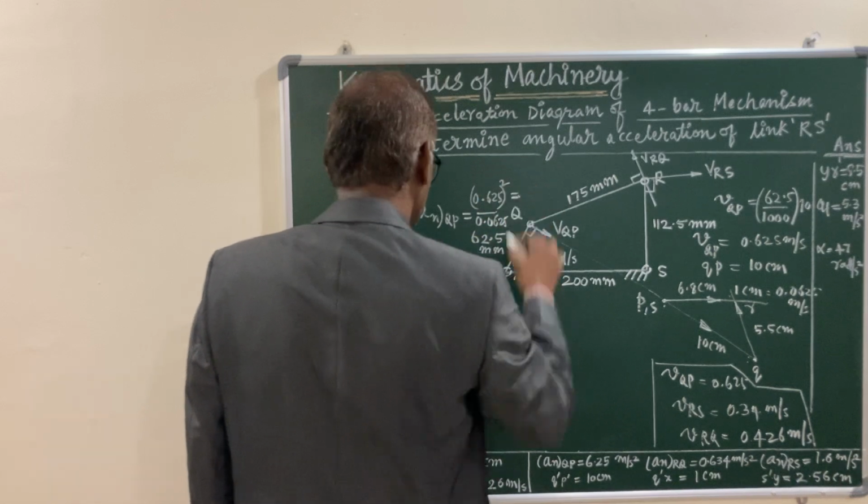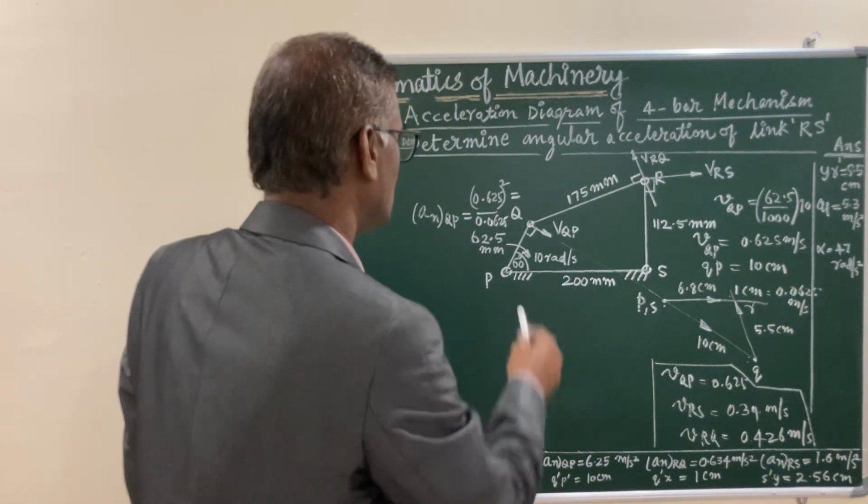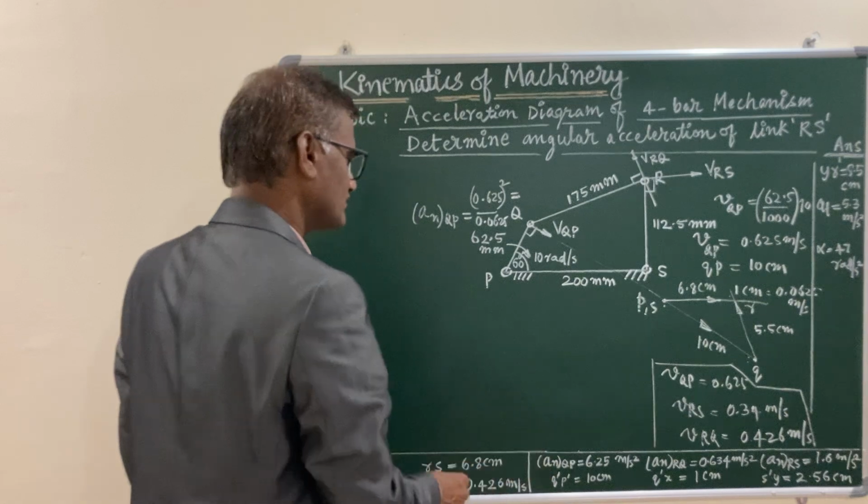This gives you the magnitude of the normal component of acceleration of Q with respect to P as 6.25.